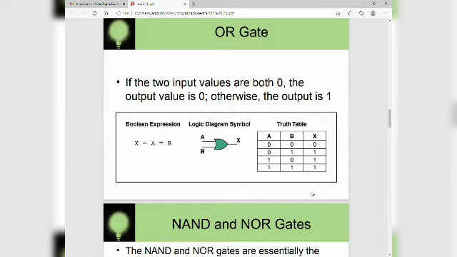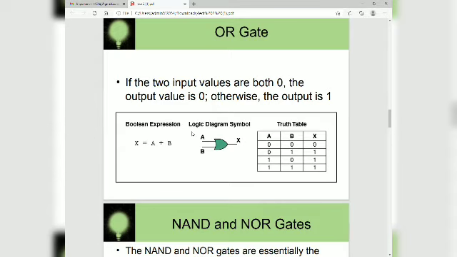The OR operator represents logical addition. It is denoted by the plus sign between the two variables to be added. If A and B are to be added in a logic circuit, then it is represented by A plus B. So, Boolean expression of the OR gate is X equals A plus B.